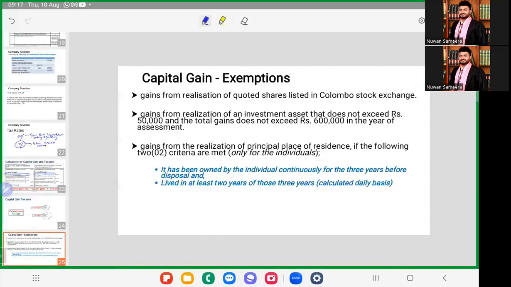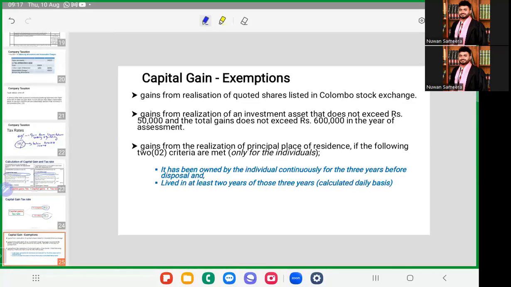So there are some capital gain exemptions. I just mention these things to revise your memory, so you can memorize what you have learned so far. Gain from the realization of shares listed on the Colombo Stock Exchange is exempted, right?